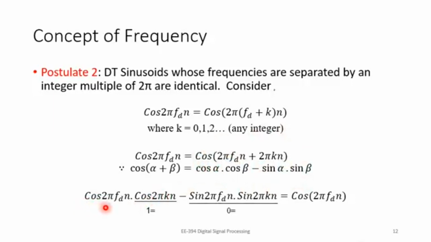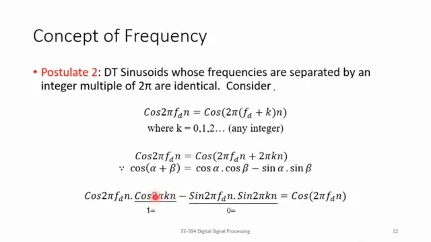simplified into cos 2 pi fd n into cos 2 pi k n minus sin 2 pi fd n and sin 2 pi k n. Now we know that k, small k, is an integer and small n is an integer. Whatever the value of k, whatever the value of n, they will be integers, and the multiple of two integers will always be an integer, thus making cos 2 pi into an integer equal to 1.